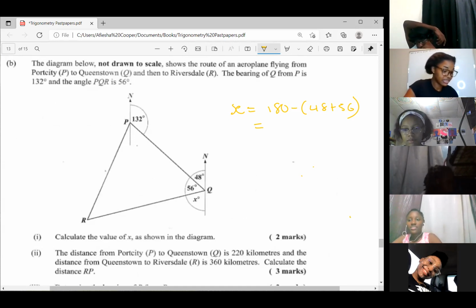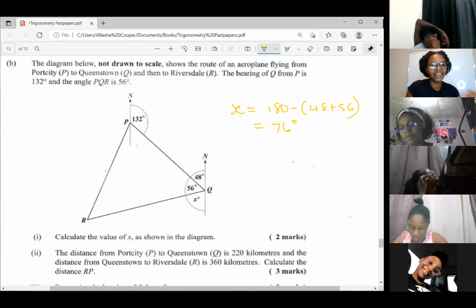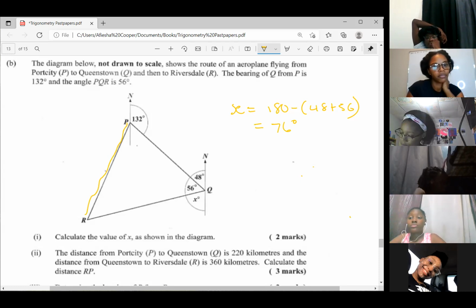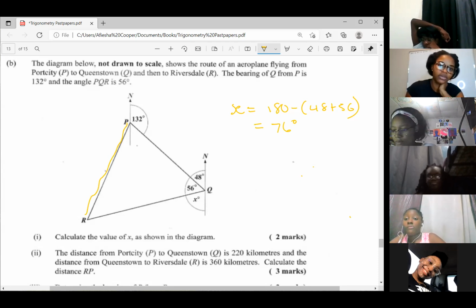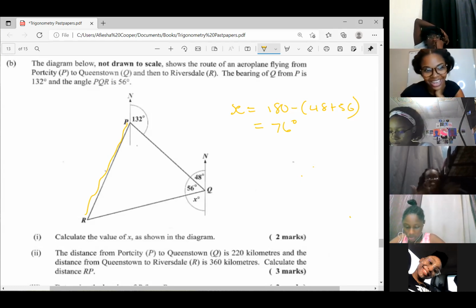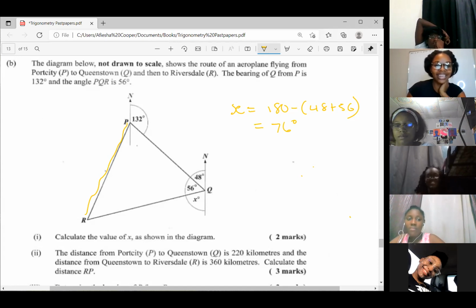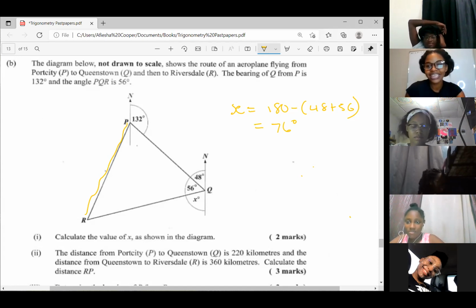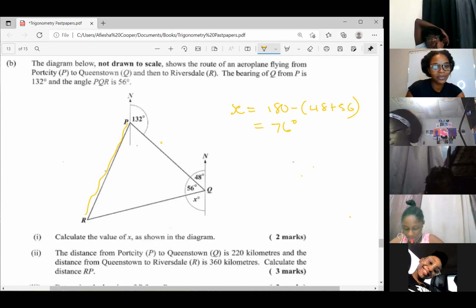All right, let me turn the page now. 76, all right. What's next? Distance RP. How to find RP? Cosine rule. What are the legs? Jewel, you can breathe if you want. So 220 is from P to Q, and Q to R is 360.